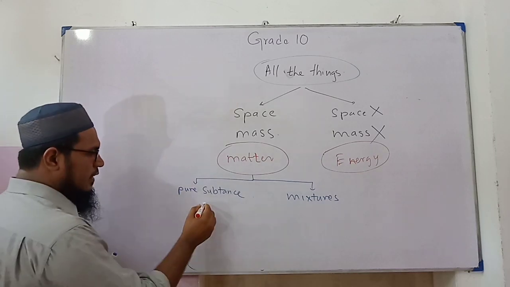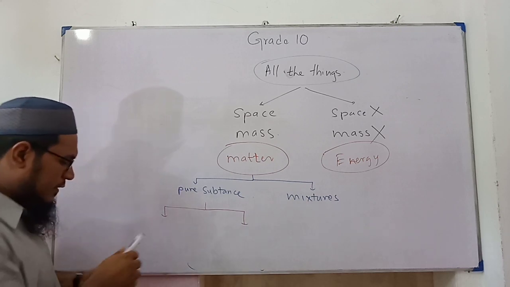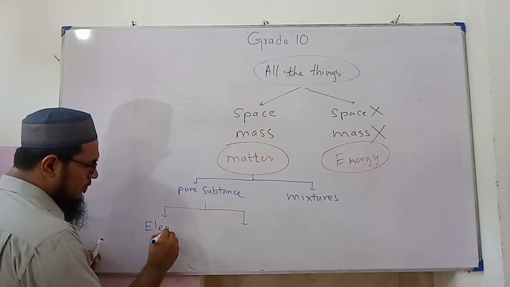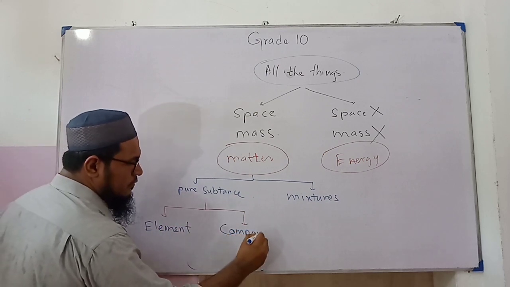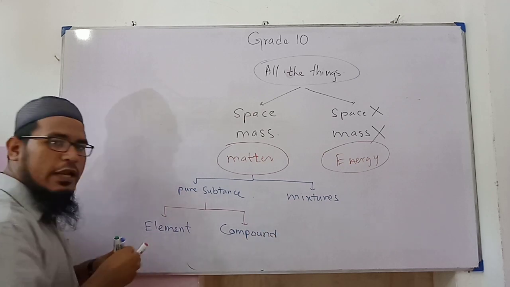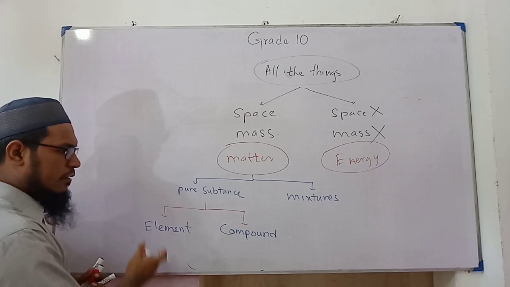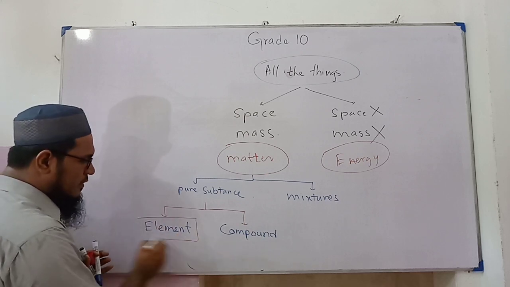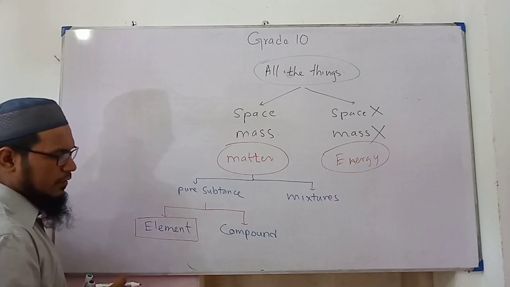Pure substance can be further divided into pure elements and compounds. Pure element, for example, hydrogen, helium, lithium, beryllium, boron, whatever element, whatever we call as atoms. Pure atoms are considered as pure substance and element.